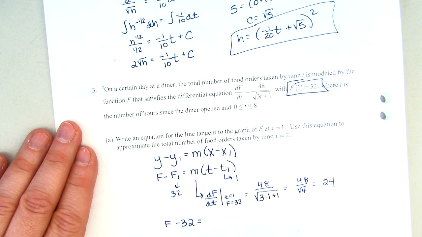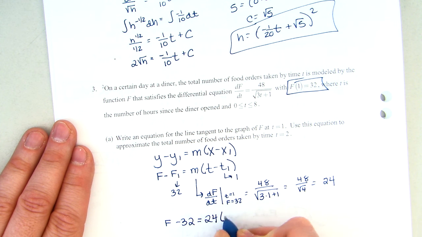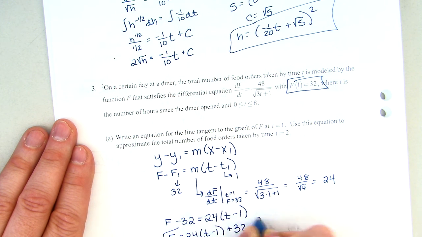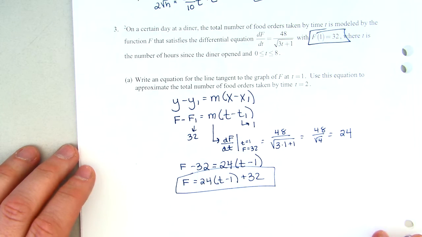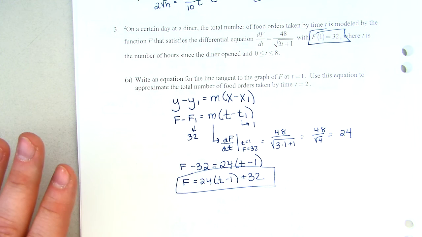I would, but because we're going to do a linearization thing, I think we should solve for f, which just means move the 32 over, but not distribute or anything. So I've got a tangent line. Now what?